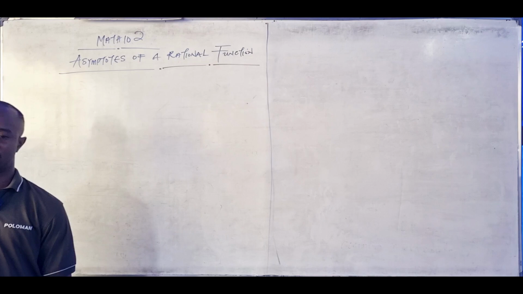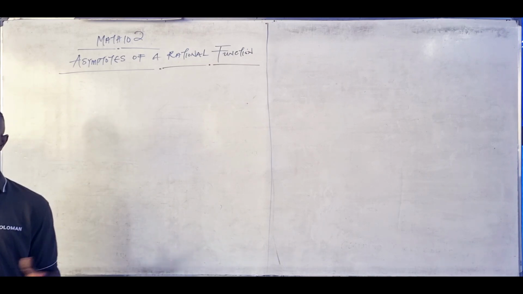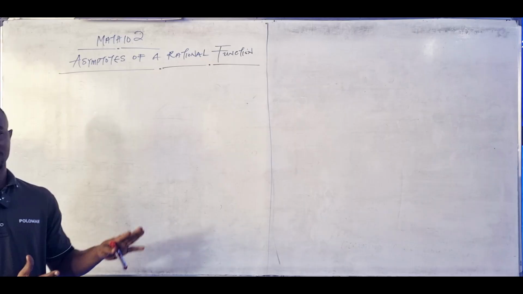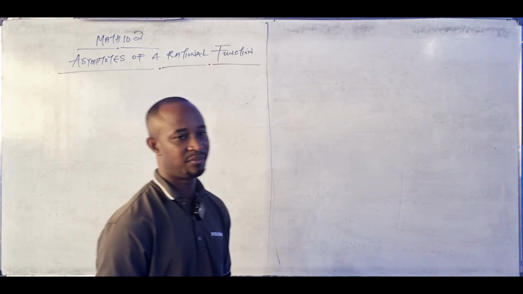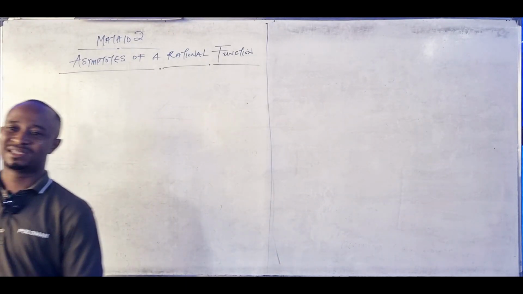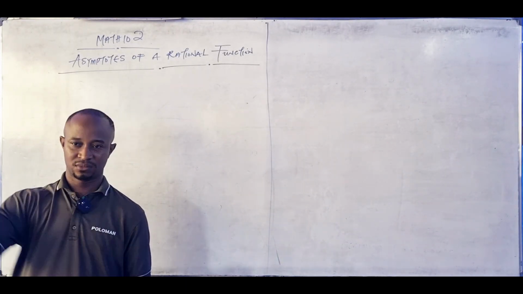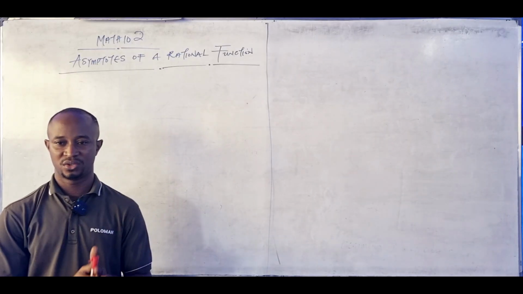When you hear the word asymptotes, what comes to your mind is a straight line. A straight line that is parallel to the horizontal axis, or parallel to the vertical axis of a Cartesian plane, or that slants, that forms a certain angle with either the vertical or the horizontal.